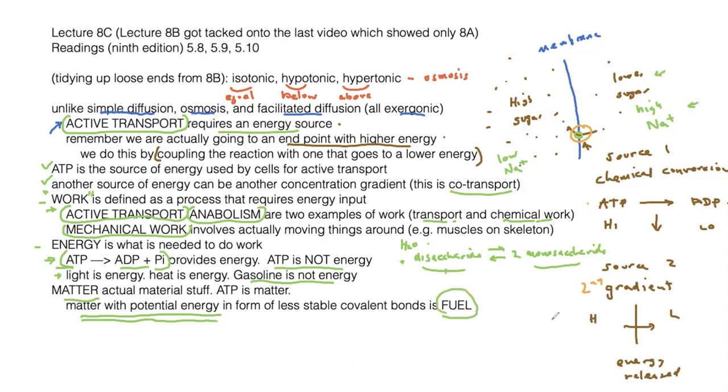Right? Here's our last buzzword of the day. Gasoline is obviously an example of fuel, right? ATP is an example of a fuel. This time you can actually see the bond that once hooked together the ADP and the phosphate. That was the unstable bond that is being reorganized in favor of more stable bonds.